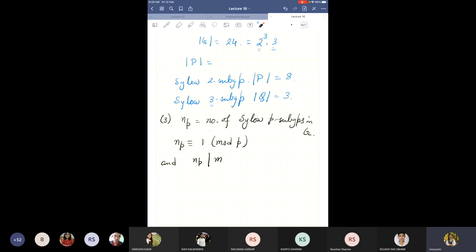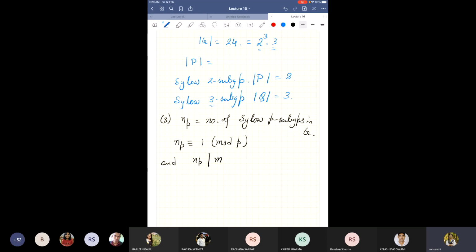So the third statement counts how many Sylow P subgroups are possible in a group G. It says that the number of Sylow P subgroups should be congruent to 1 mod p. That means this number minus 1 should be divisible by p.